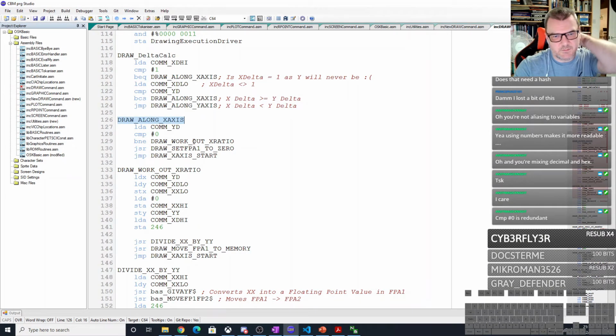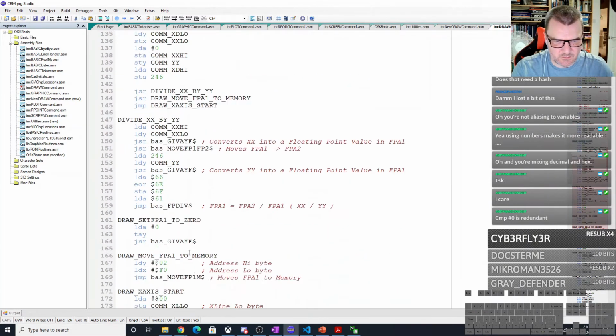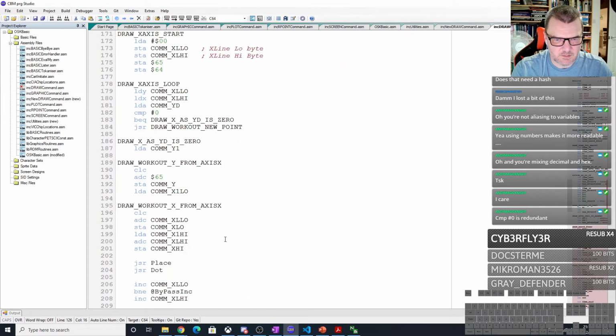Well, we don't need to do that, so we can jump straight to working out XL low and XL high, which are the points that we're going to use to draw, I think.